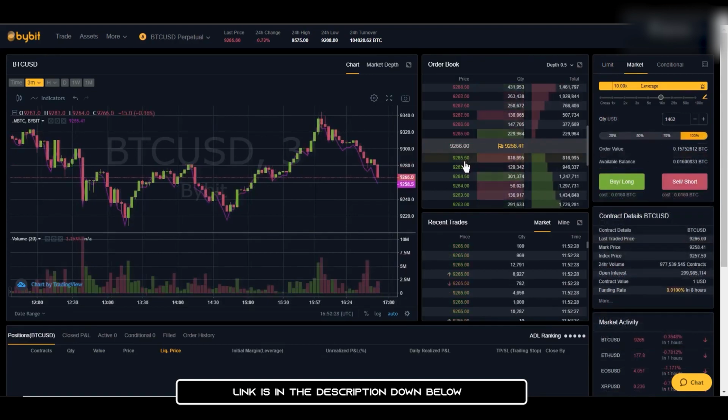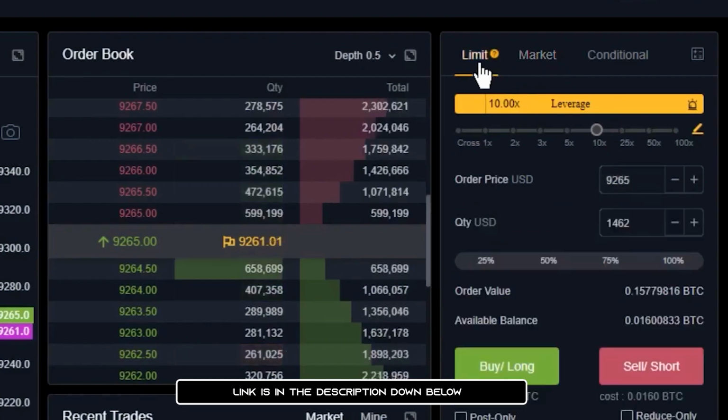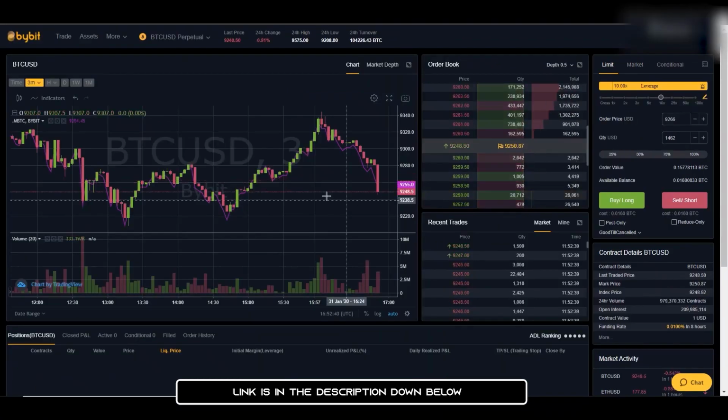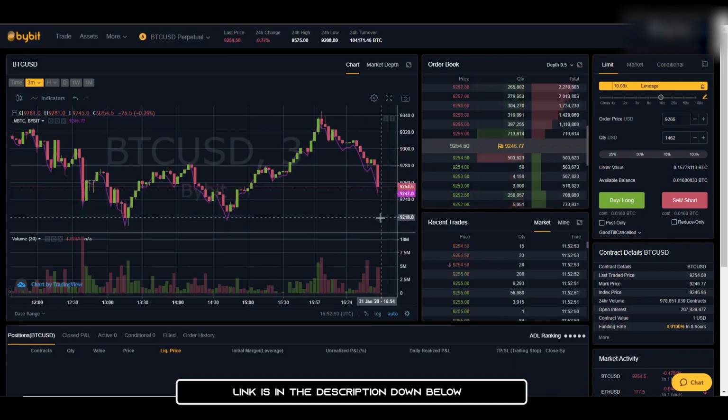Okay, so I'm going to show you guys how to put your order in now. So right off the bat, to understand the difference between a market and a limit order: a limit order is where you can place where you want your order to be filled. So if I knew that this was going to come down all the way to $9,220, and I knew this wick was going to touch that, but maybe wick right back up again, I can set a limit order for it to be placed right there.